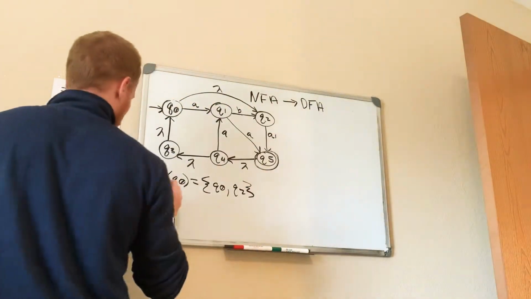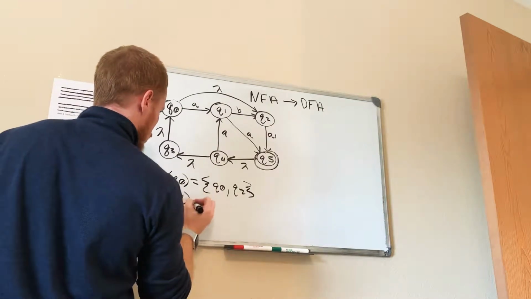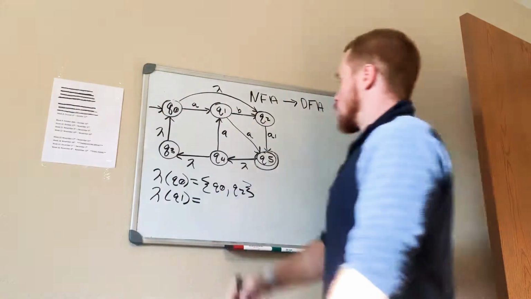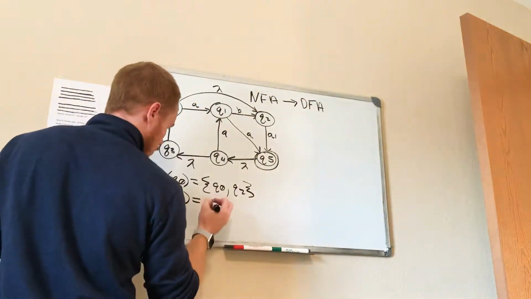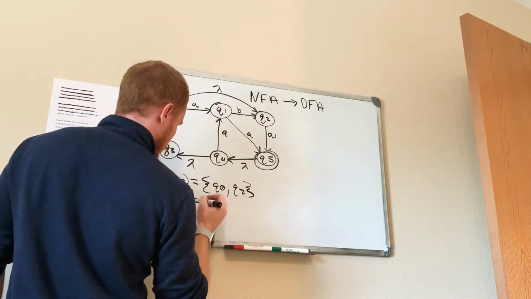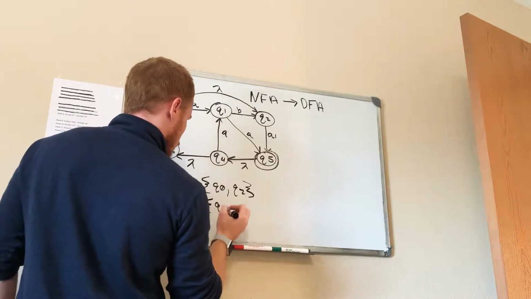Okay, let's do lambda closure of Q1. Let's go to Q1. Like I said, you always have a ticket to yourself, or you can always use lambda to loop back and go to yourself. So Q1 is going to be in there.